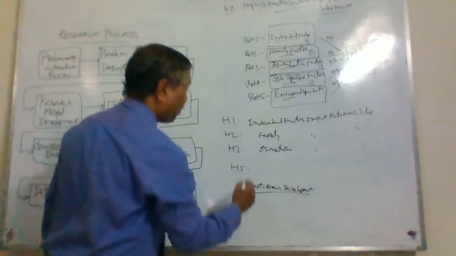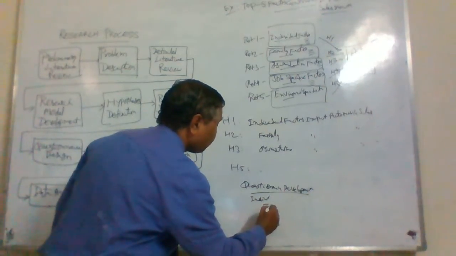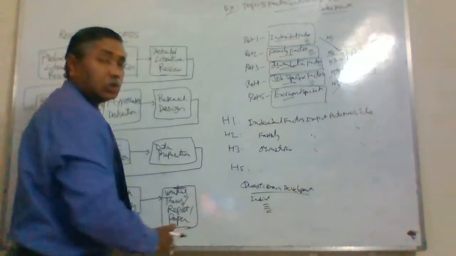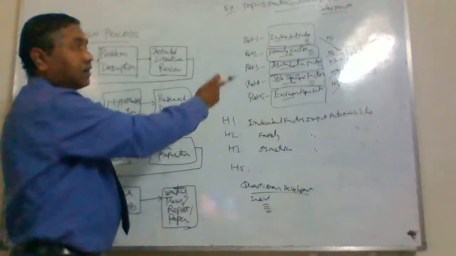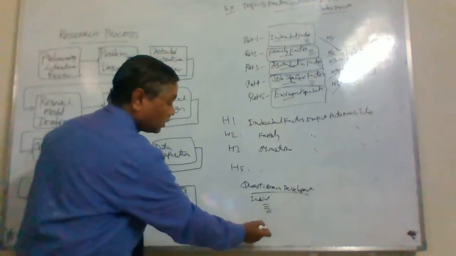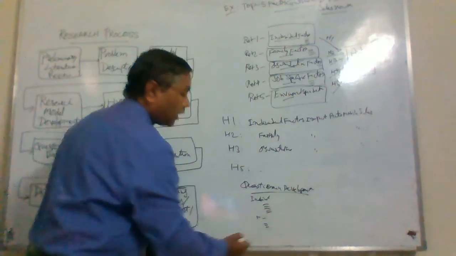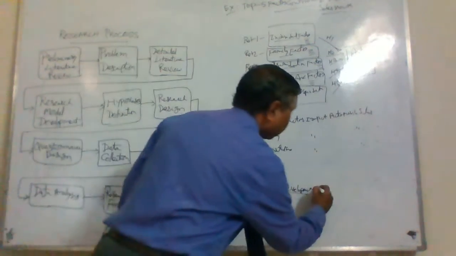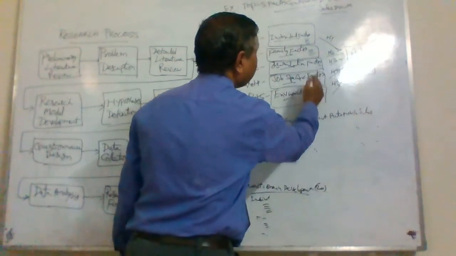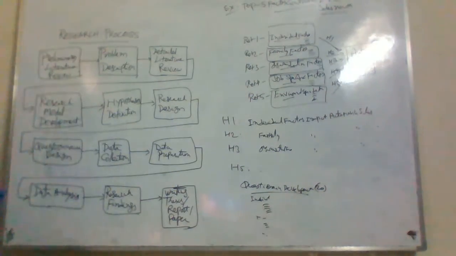Each factor you have: individual factor has 5 items, from 2 research papers, 3 items from one paper and 2 from another. Similarly, family factors, another 4 items, and organizational factors. You make it a 20-item questionnaire, or as many items as you get from the literature.